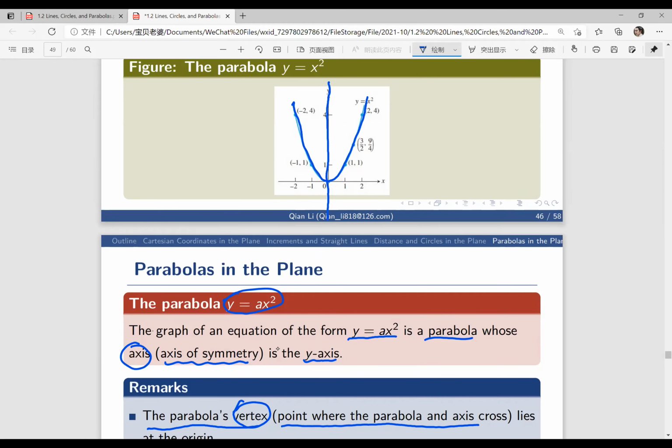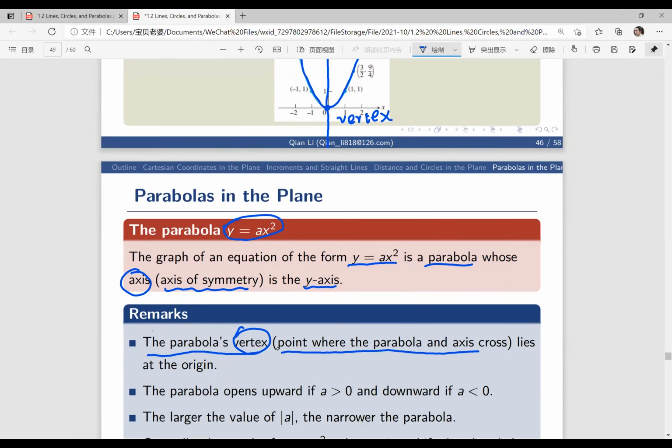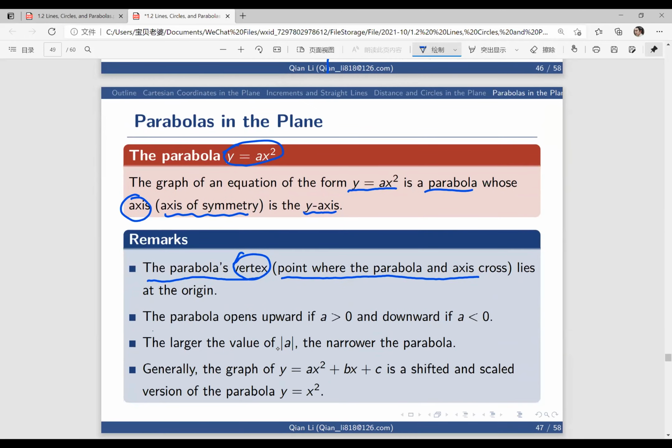So the intersection of the parabola and the y-axis is the vertex. For this equation y equals ax squared, the vertex of this parabola lies at the origin, meaning the vertex is 0, 0.